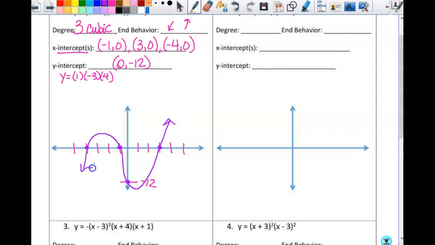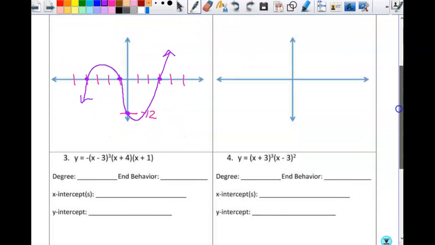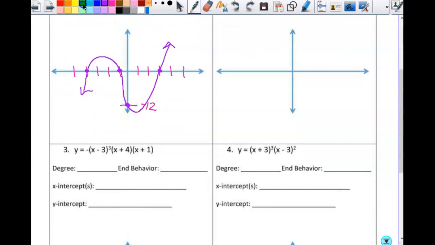So my end behavior I said was going to be down up, and that's what happens once I take care of all of my points. And here I want you to make a note that this point right here is not necessarily a minimum.